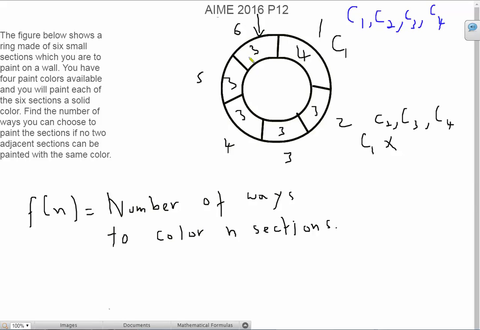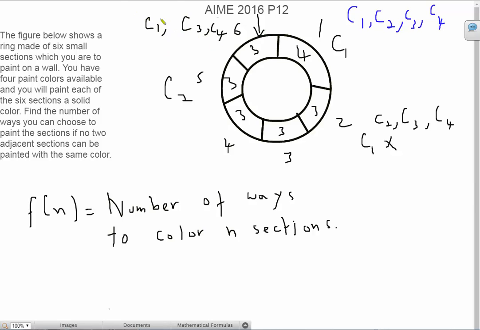However, that's wrong. For example, if I have the color C2 at the 5th section, then at the 6th section, I can only have C3 and C4. But according to our previous selection, we can also have C1.